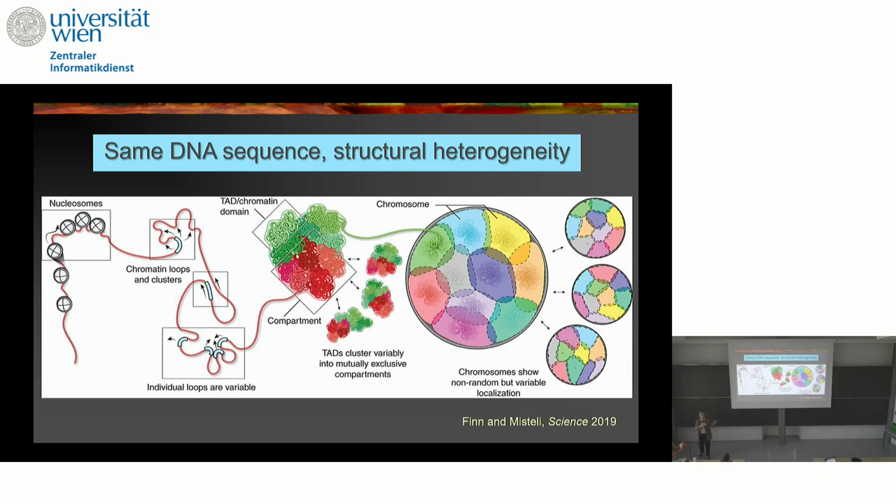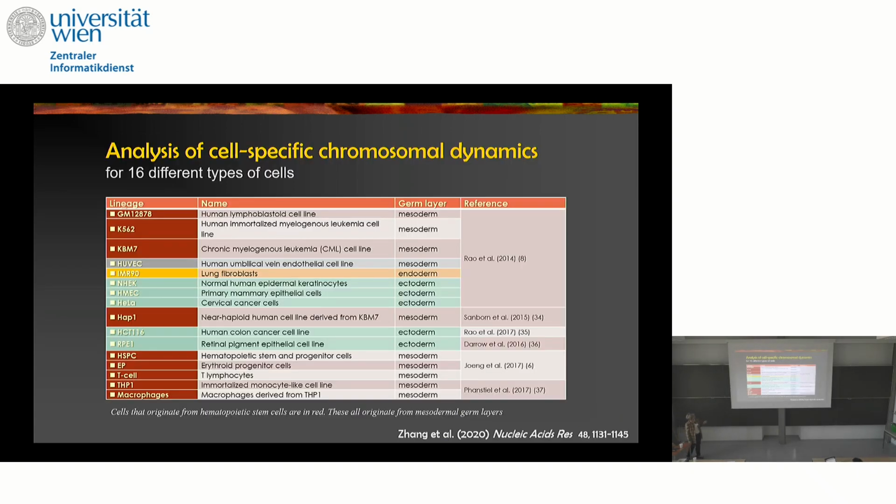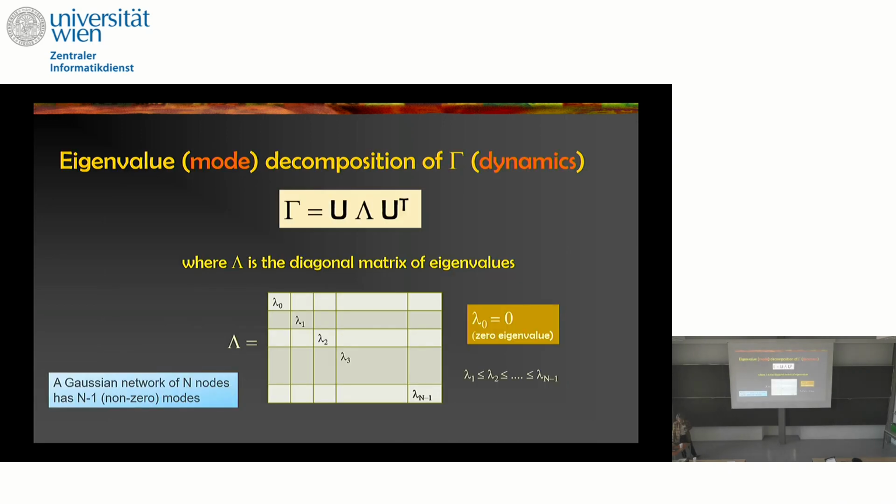I'm not talking about heterogeneity within the same type of cell, but across different types of cells. We did the analysis for 16 different cell types. To see the differences better, it is good to do an eigenvalue decomposition and focus on the dominant features.